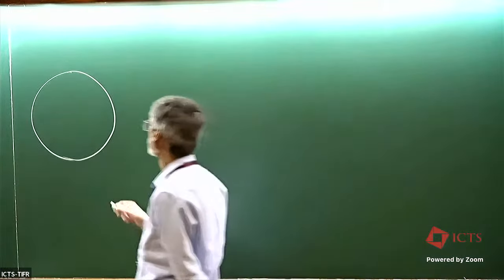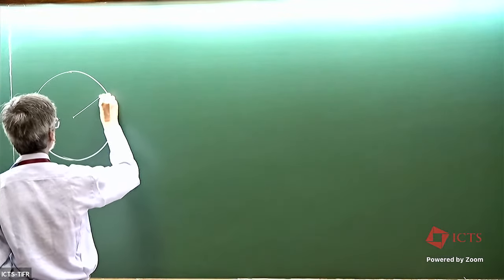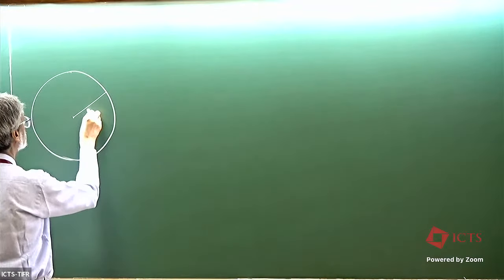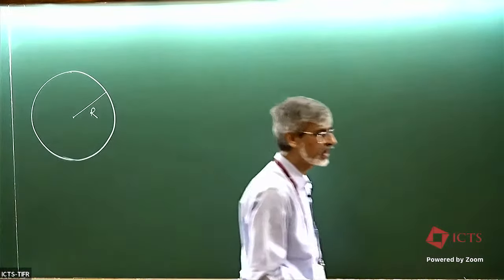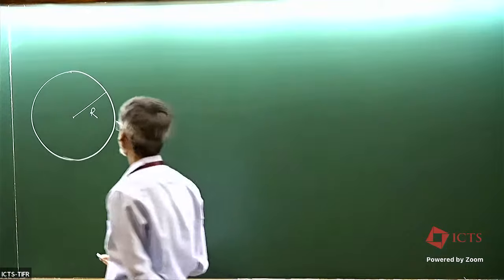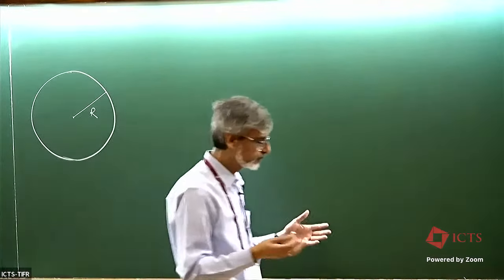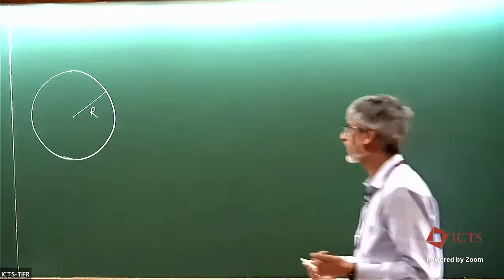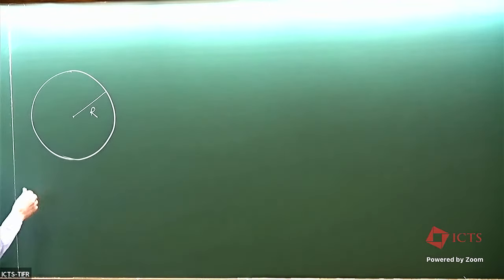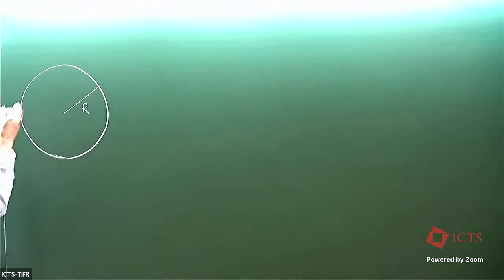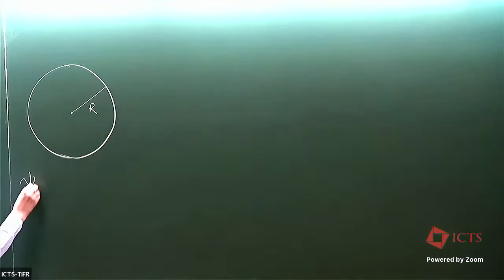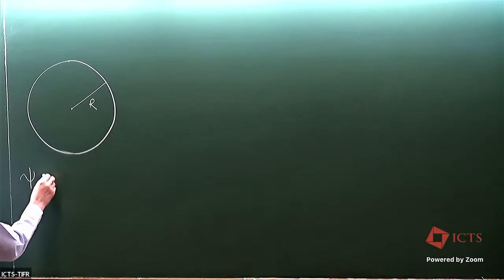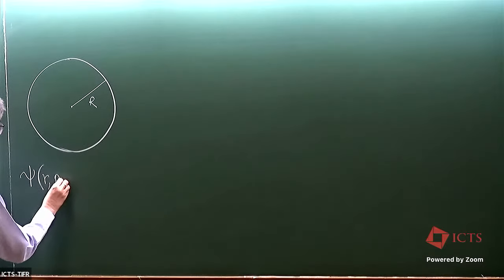Now, any oscillation mode, let's say this is radius r, can be written in terms of an oscillation amplitude function, as all of you would have done in quantum mechanics, in spherically symmetric problems like this. So let's say you have the oscillation function, which is a function of r, theta, phi.